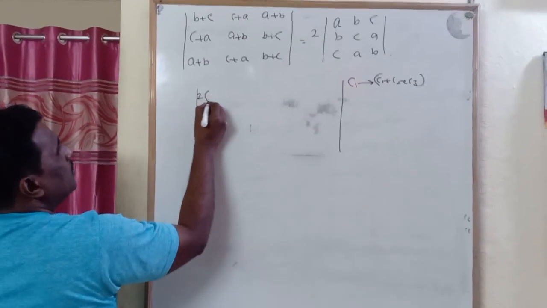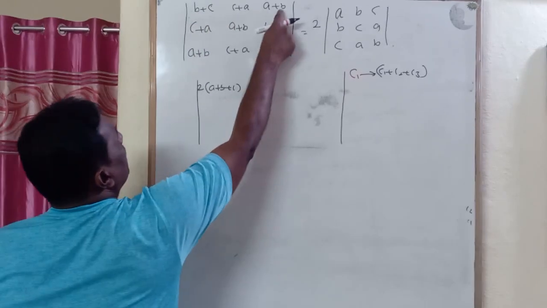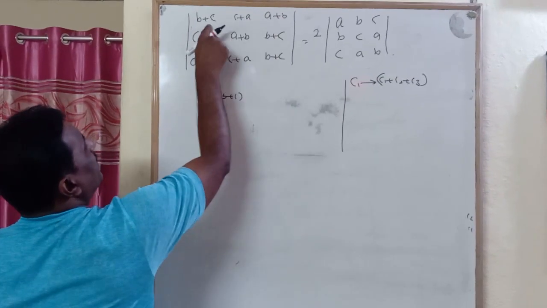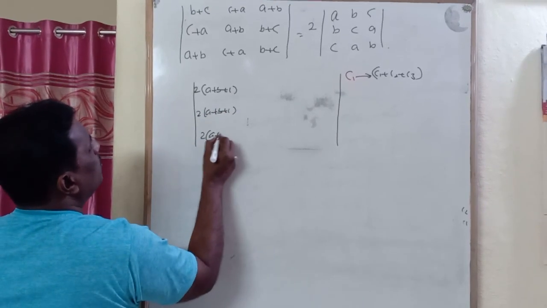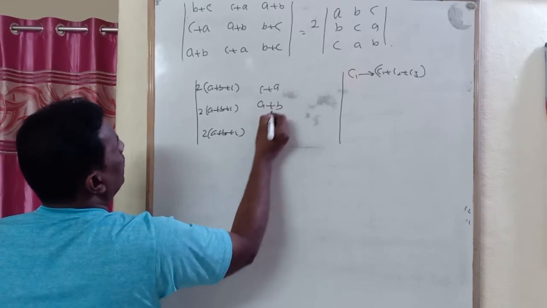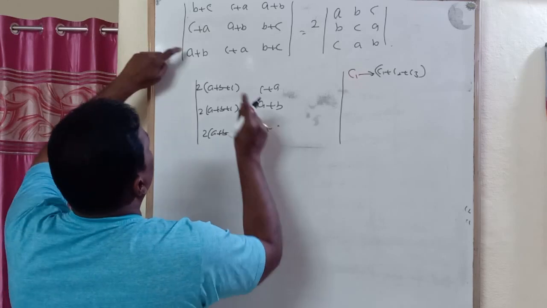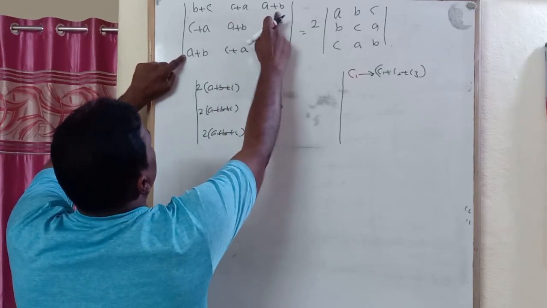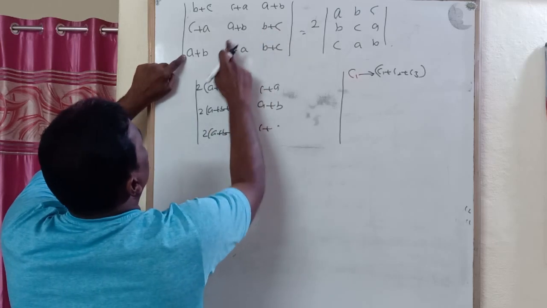Add all the columns, which gives b plus c, c plus a, a plus b. So b repeated, a repeated, c repeated. So 2 into a plus b plus c I am getting there. c plus a plus b, b plus c plus c, a plus b, c plus b, a plus b plus c, a plus b.